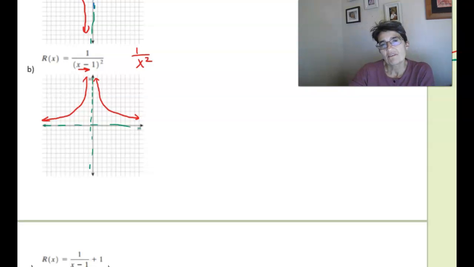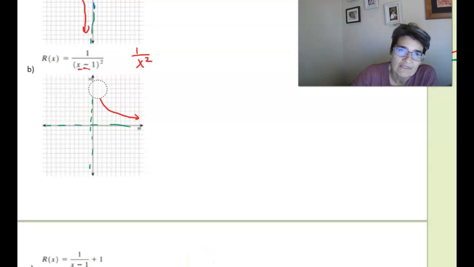So we need to shift everything 1 unit to the right. You start by moving the vertical asymptote and then the whole graph. Let me erase and then redraw. The vertical asymptote moves 1 unit to the right, so it's going to be here instead.